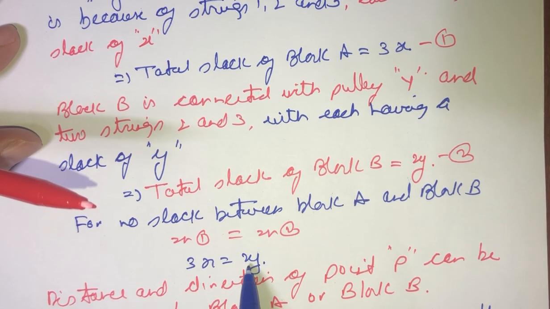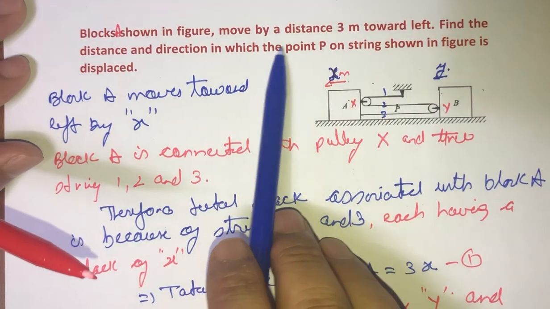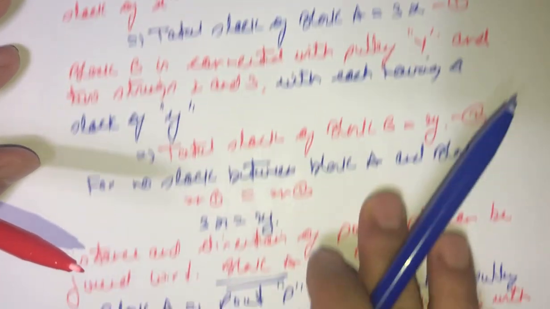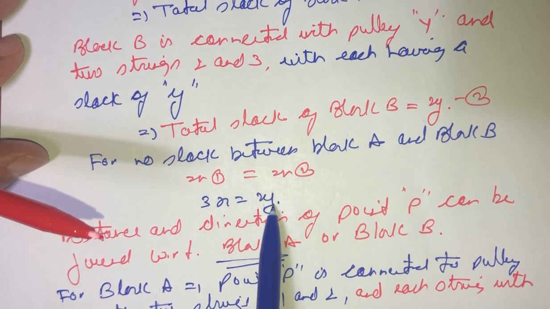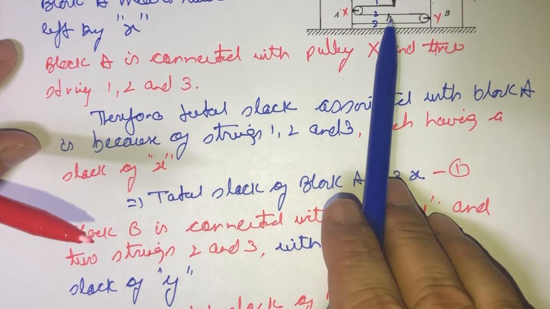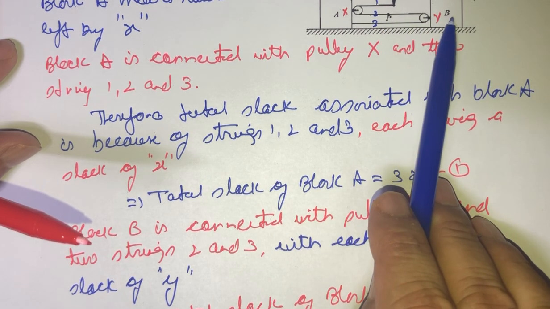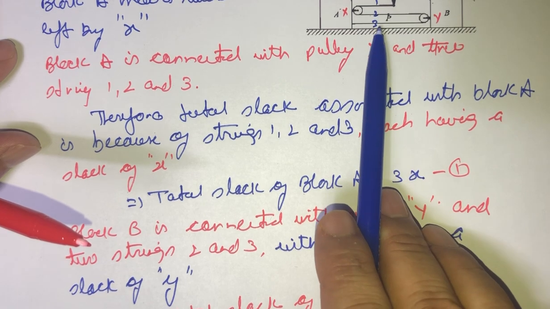We can use this relationship and substitute the value, because in the question it's only given that block A moves by 3 meters, so we can find out the displacement of block B. Using this equation we can find y, and subsequently the slack associated with point P using block B, which will be the slack of string 2 and string 3.